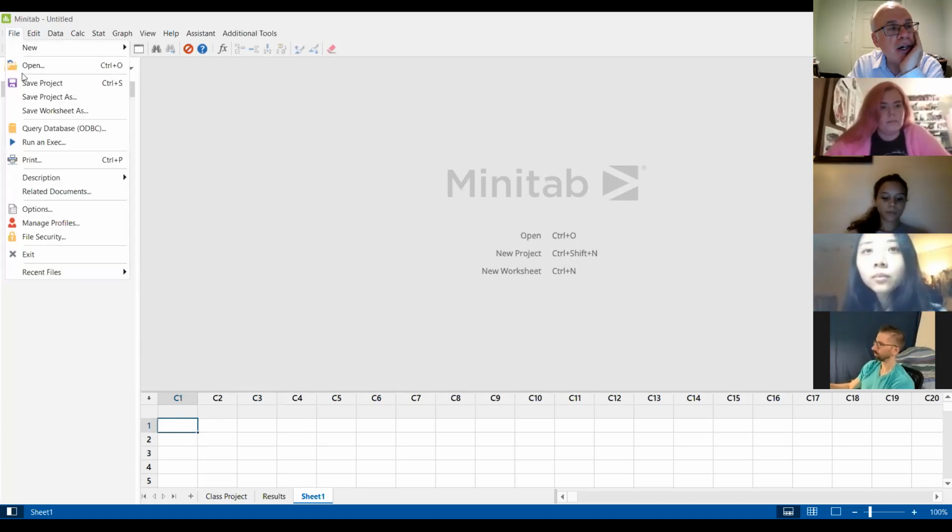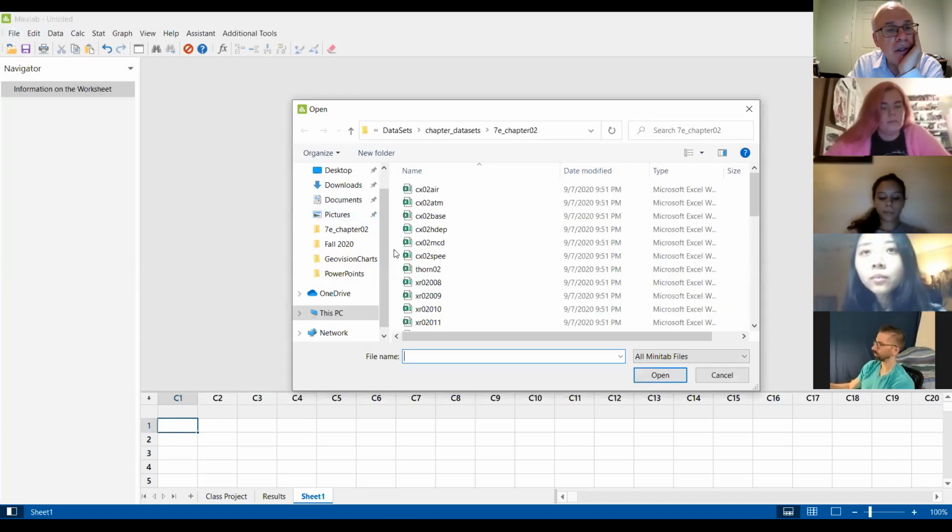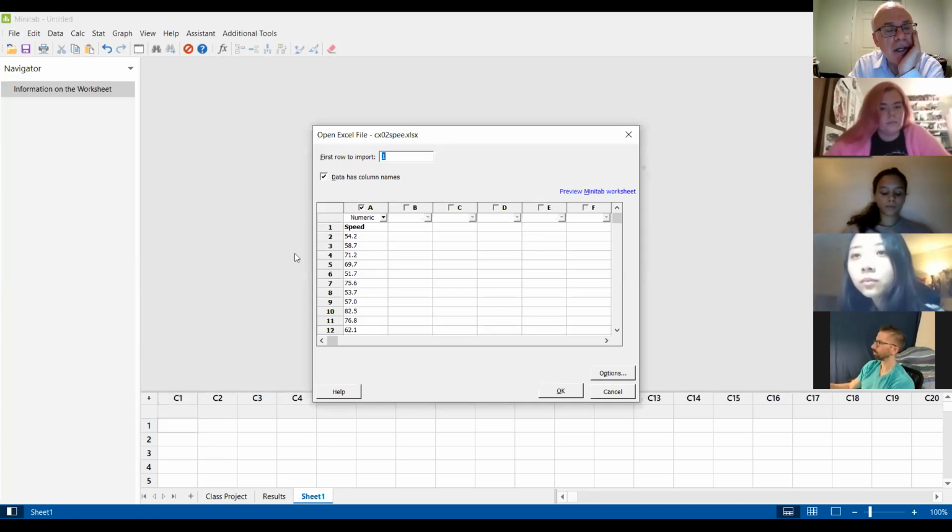Once again, I did File, Open. It was CX02SPEA. Double clicked it, and then opened it. It always opens here before you download it into Minitab. So you want to make sure that the first line that you download is the title, in this case, speed.